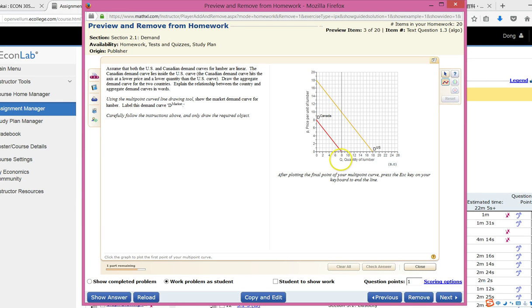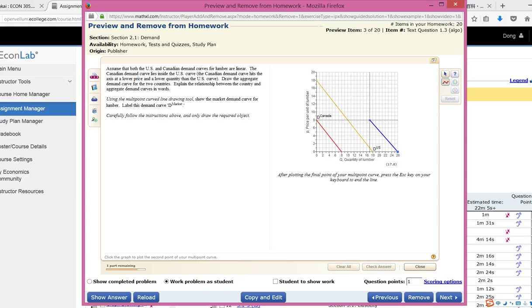So you can see that Canadian demand crosses the x-axis, horizontal axis, at quantity 8, and US demand at a quantity of 18. So 8 plus 18, that's 26. So our first point starts from 26, and the second point, below price 8, the market demand is the horizontal sum of both.